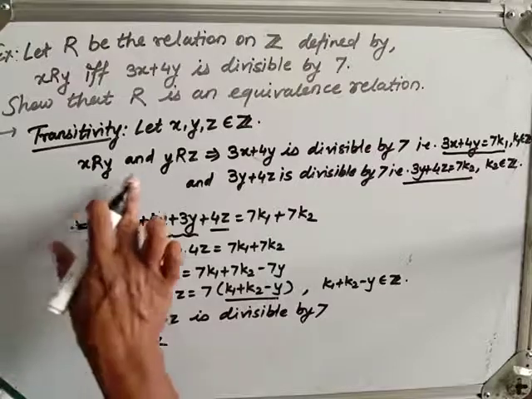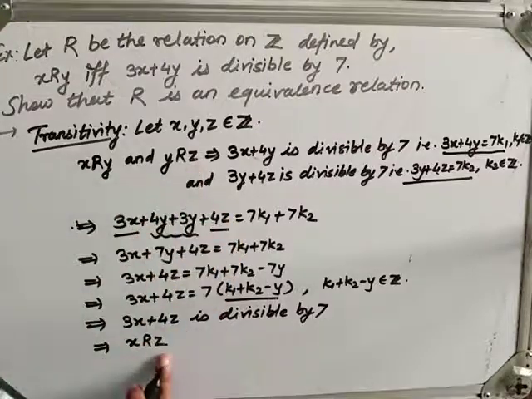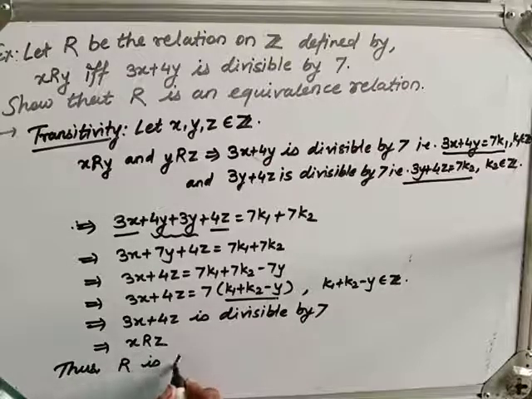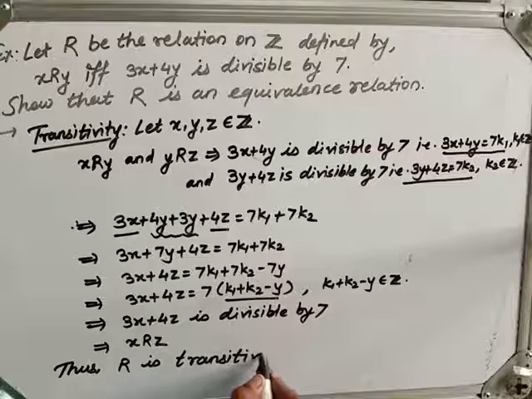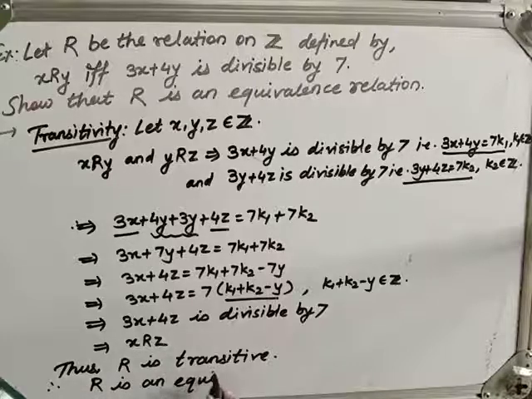Now x related to y, y related to z, and we have proved x related to z. Thus R is transitive. So as we have shown, R is reflexive, symmetric as well as transitive. Therefore R is an equivalence relation.